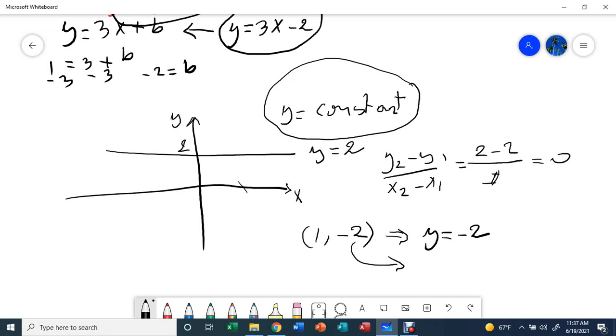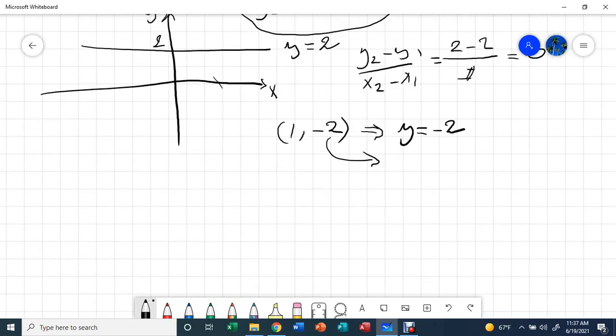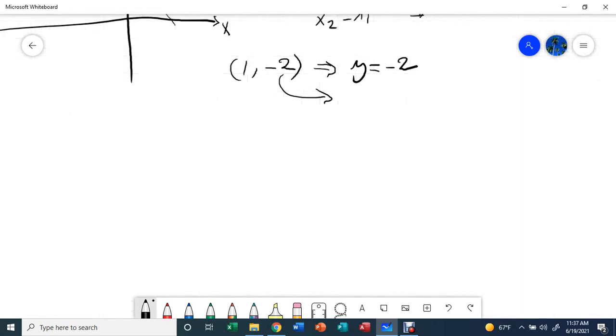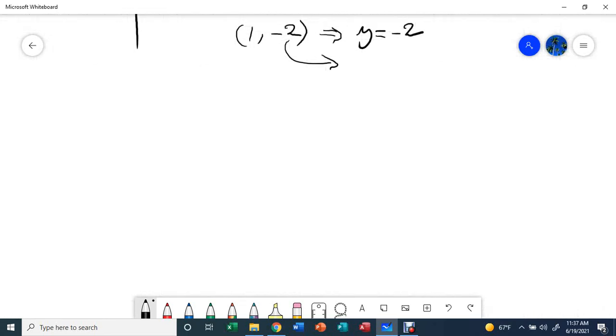And finally, let's talk about vertical lines. A vertical line is a line that's parallel to the y-axis.